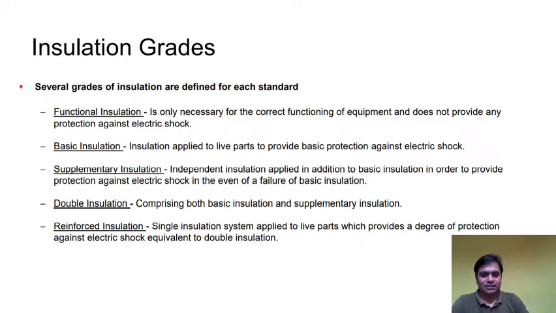The double insulation comprises both basic insulation and supplementary insulation. A reinforced insulation is a single insulation system applied to live parts which provides a degree of protection against electric shock equivalent to a double insulation system.